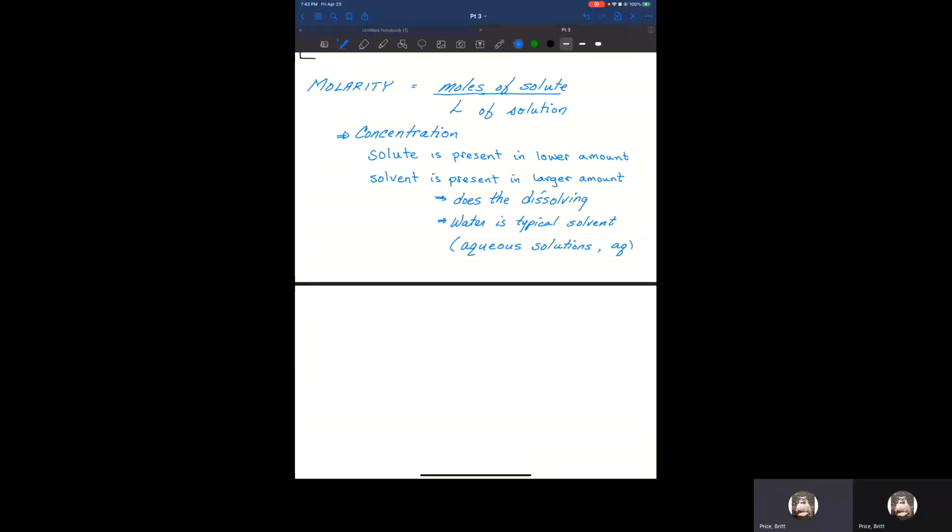Molarity allows a chemist to measure a volume.